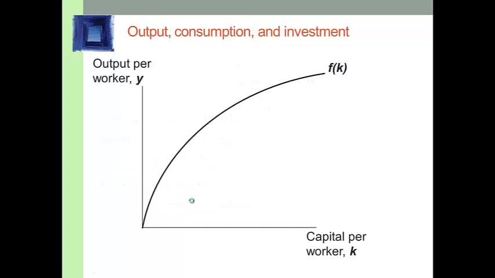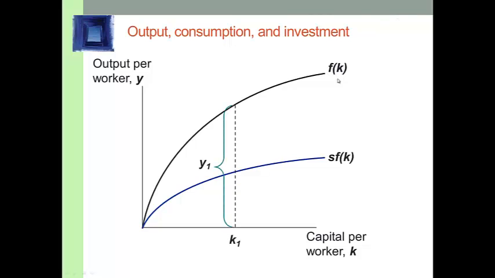So let's put all the pieces of the Solow framework together. That is output, consumption, and investment. Here we have our two important schedules. We have the production function schedule and the investment schedule. Now, output is distributed again between consumption per worker and investment per worker.